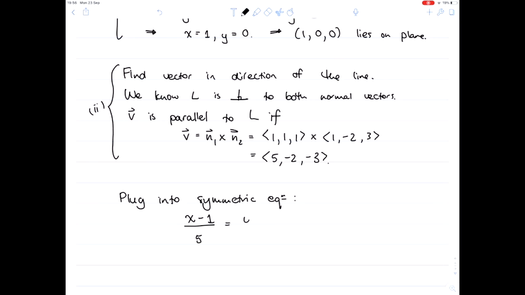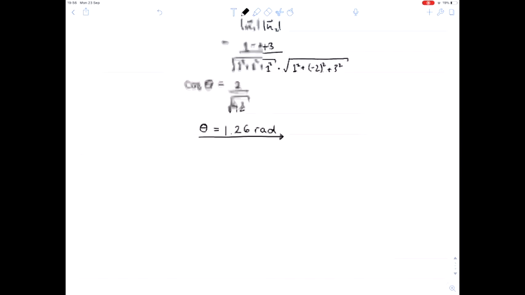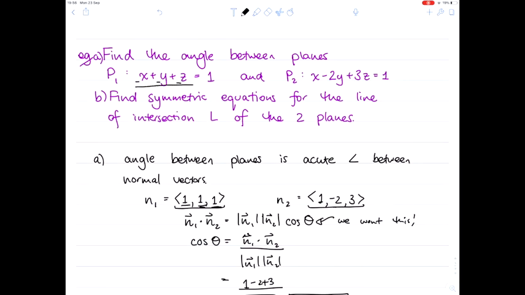This is equal to y minus the y coordinate of the point over the y component of the vector in the direction of the line, and finally the same for z. And so there we have our symmetric equations for the line of intersection between the two planes that we've been working with.